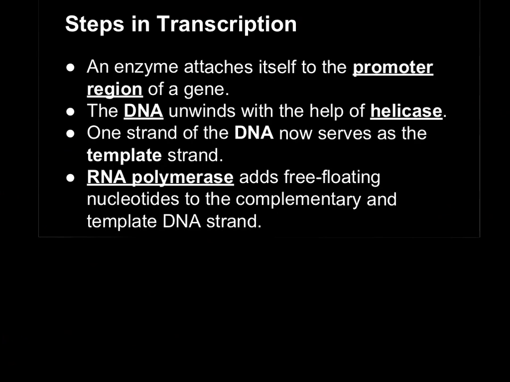So to quickly go over those steps again so you have them in front of you. In transcription, an enzyme attaches itself to the promoter region of the gene. Then the DNA is going to unwind with the help of that enzyme called helicase. One strand of the DNA is now going to serve as the template strand. RNA polymerase is then going to add free-floating nucleotides to the complementary template DNA strand.